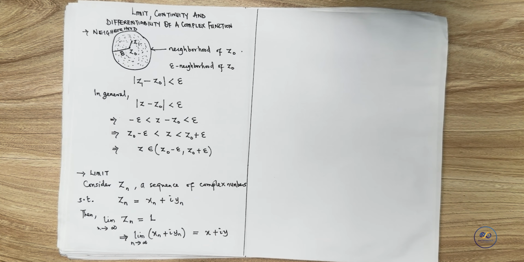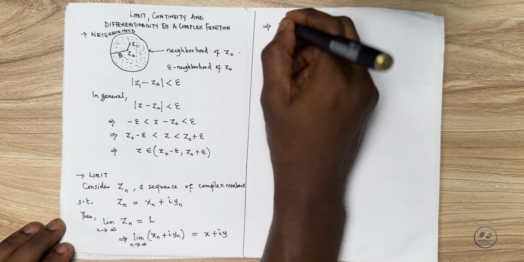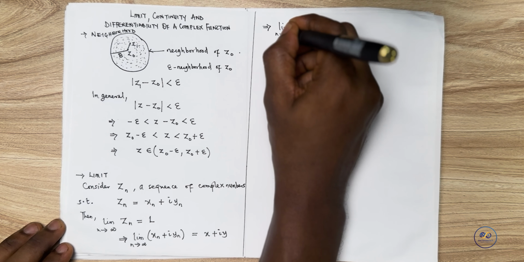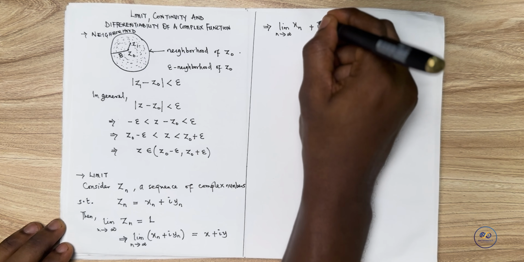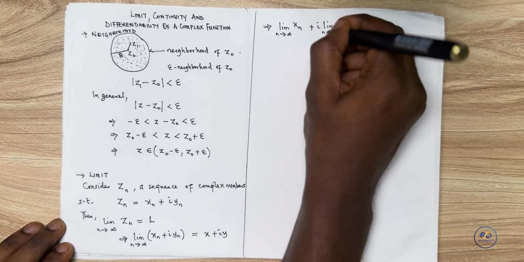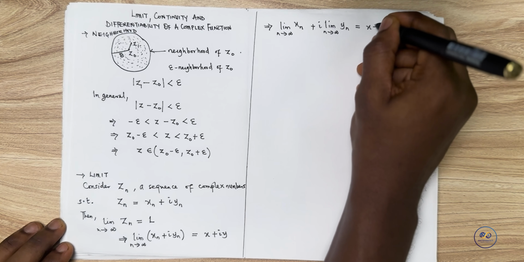Such that, of course, we are saying the real part will converge to x and the imaginary part will converge to y. Now, this is very interesting to note because it implies that we could write this as the limit as n tends to infinity of xn plus i times the limit as n tends to infinity of yn being equal to x plus iy.